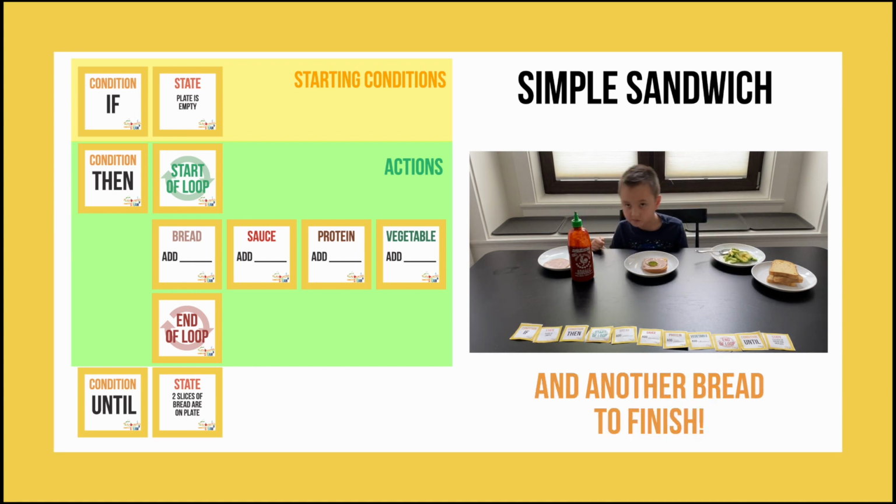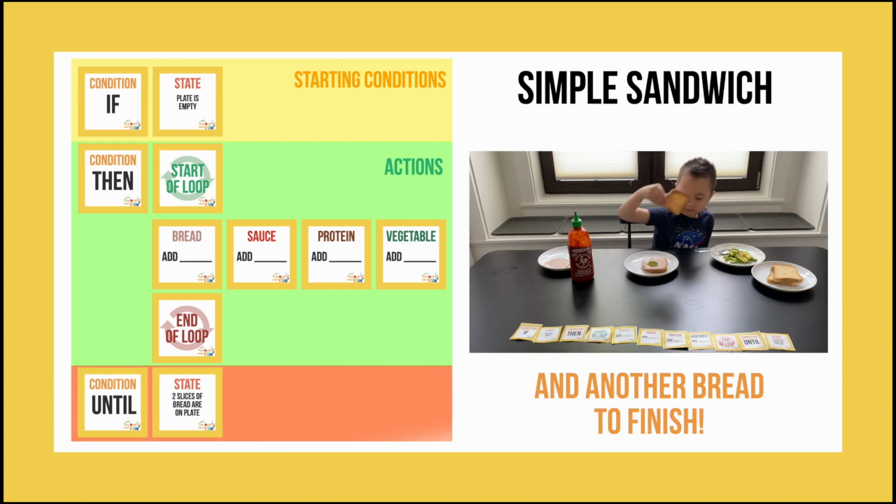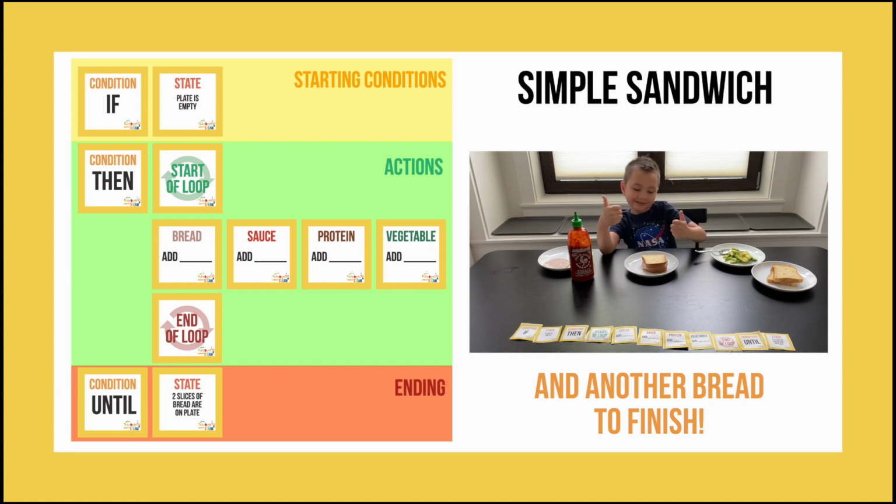We then check to see if our ending condition is met. It's not, because we only have 1 slice of bread, so we return to the loop and add items until that ending condition is met. In this case, when 2 slices of bread are on the plate, the sandwich is complete.